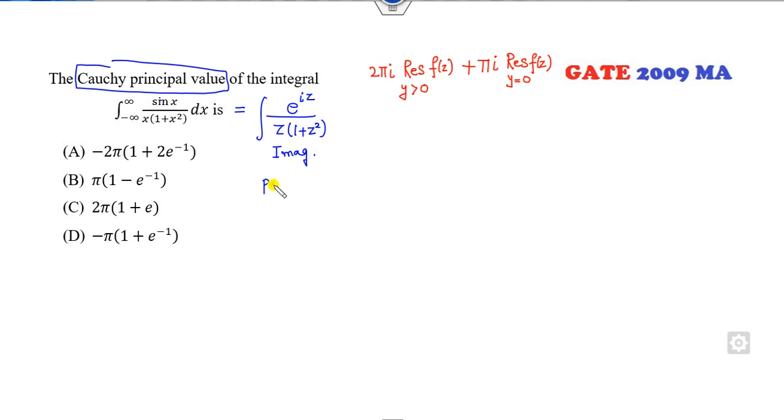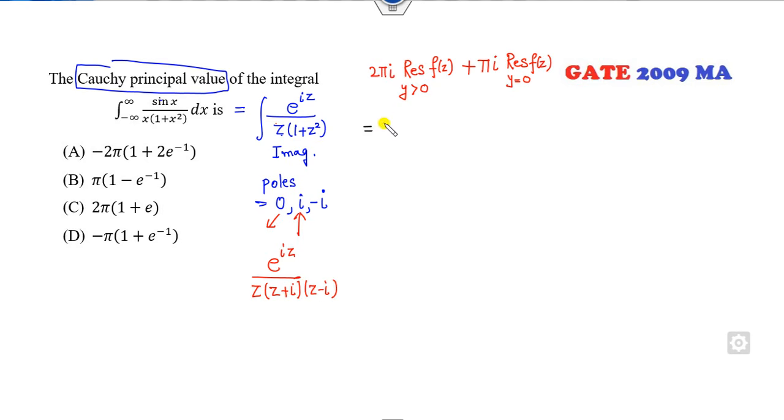So can you find the poles of this? What are the poles? Corresponding to 0, it is iota, it is minus iota. Where y is equal to 0? Here y equal to 0 is this one. So I can write this function as z plus iota, z minus iota.